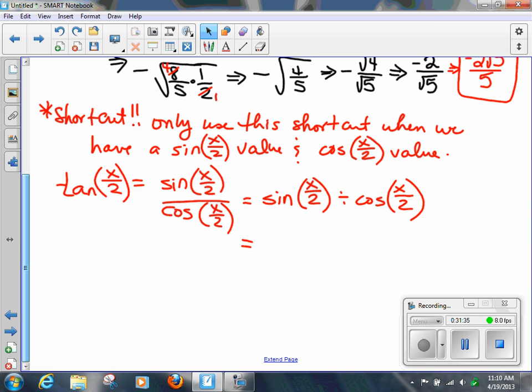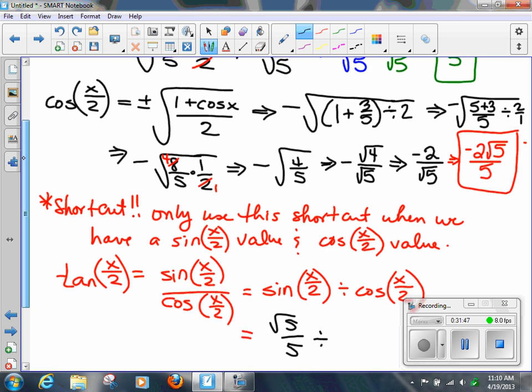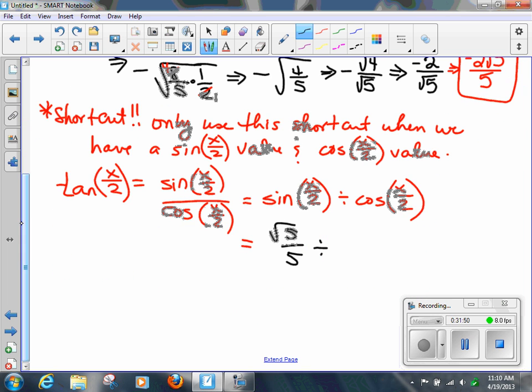We just solved for sine of the half angle. It's root 5 over 5. The cosine of the half angle is negative 2 root 5 over 5, right? If you use the formula, that's fine. You should still get the same value that I get.